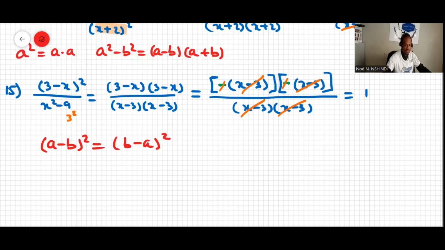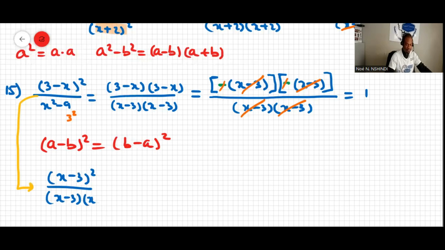If you know that, you can just say over here that this is x minus 3 squared over x minus 3 and then x plus 3. And then we expand this: x minus 3 over x minus 3 and then x plus 3.